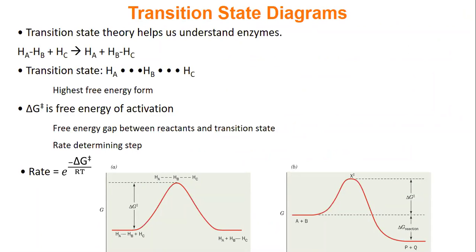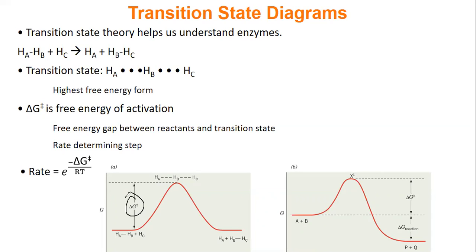We talked about delta G double dagger, where delta G double dagger is just the energy from the reactants to the transition state. So it's that gap here. And this gap really determines the speed of the reaction, right? The bigger this gap, or the bigger the value of delta G double dagger, the slower the reaction is.